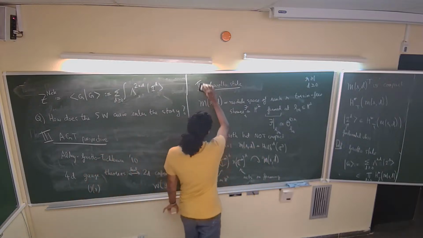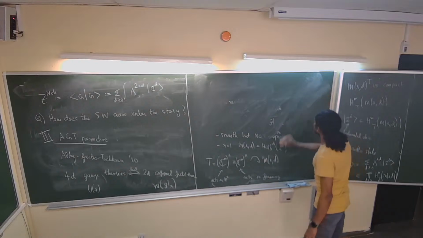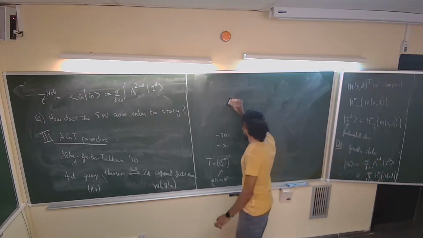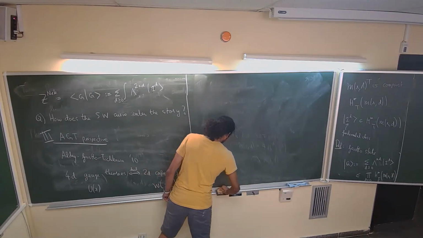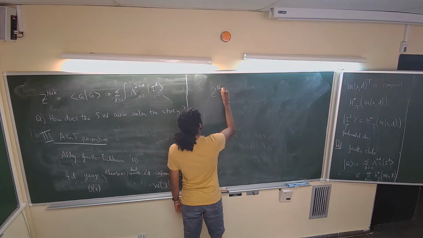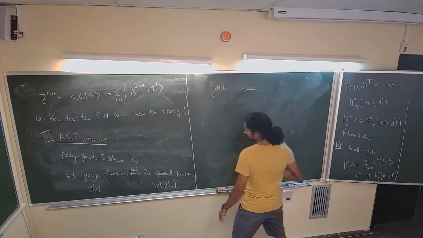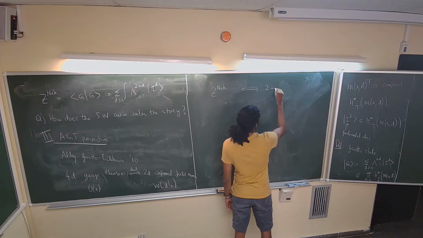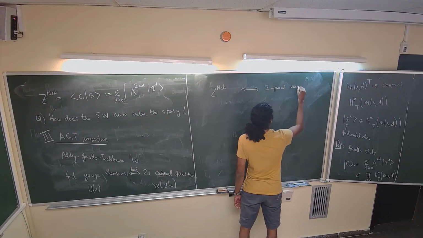The object that we've been considering on the 4D side, remember, is the Nekrasov instanton partition function. What does that correspond to on the 2D side under this duality? The Nekrasov instanton partition function corresponds, on the 2D side, to what's called a 2-point irregular conformal block.